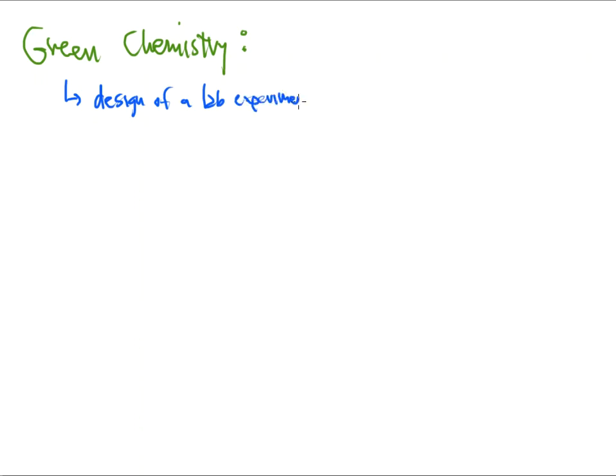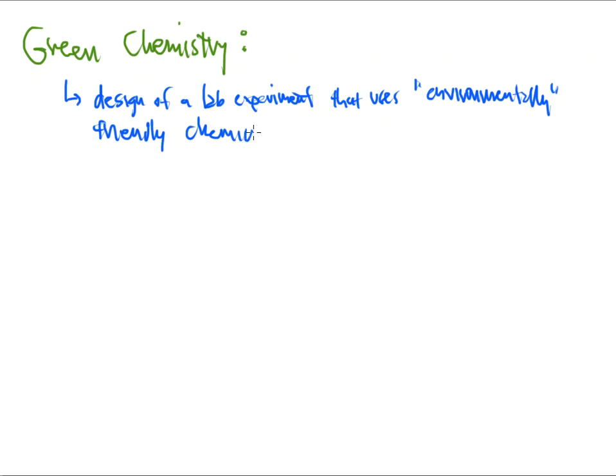All right, so let's say that we're in the lab and we're doing something and we're working with these reagents, and these reagents are getting mixed together, that uses environmentally friendly chemicals. All right, so the key word here is environmentally friendly. All right, that's really what we're after.